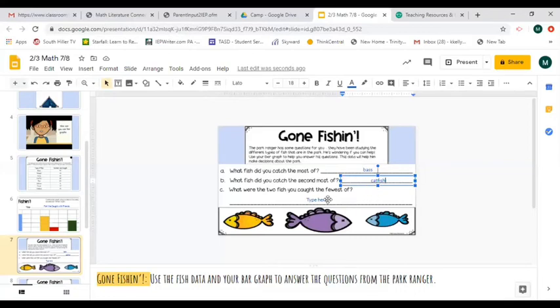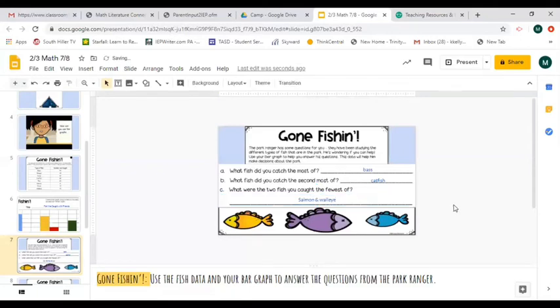One of those, our lowest one, was the salmon. We only caught 15 of those. And our second fewest was walleye. There were only 40 walleye caught. So salmon and walleye were the fewest.